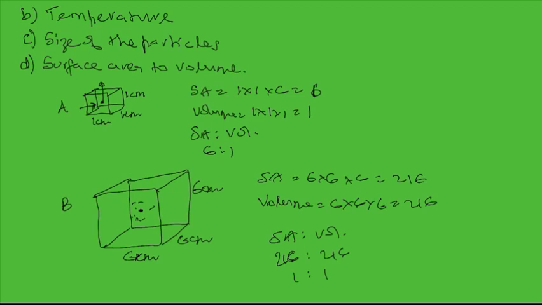Now, the fifth factor that affects the rate of diffusion is thickness of the membrane, or even thickness of the tissue. The thicker the membrane, the lower the rate of diffusion.